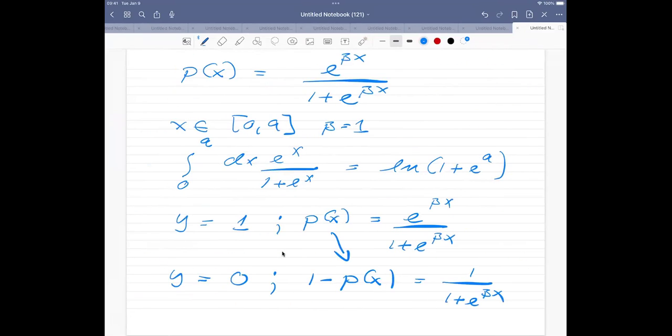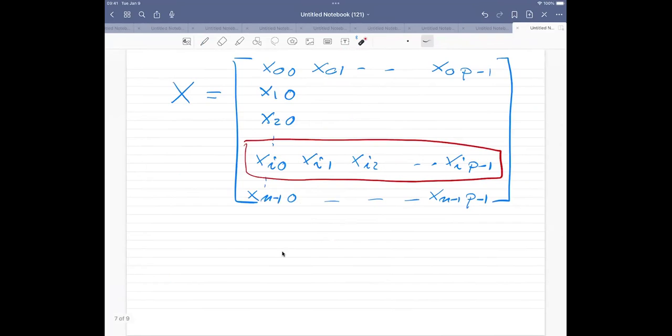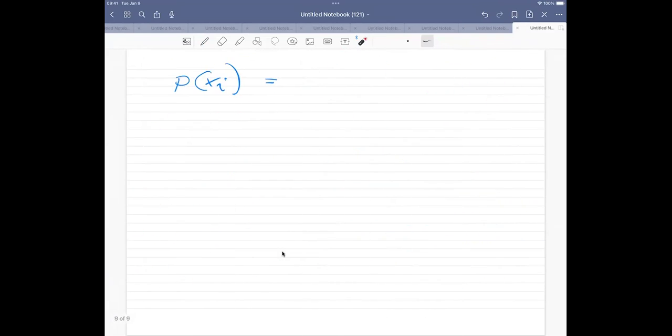We just left this beta undefined, okay? So we could now make a model for that. And we could simply say that we have an e of beta 0. So this is a probability for y equal to 1. For y equal to 0, it's 1 minus this expression, okay?